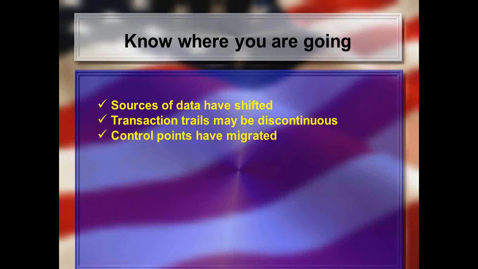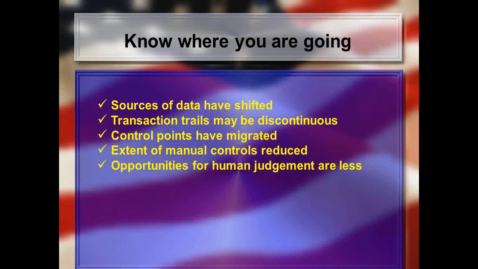The control points may well have migrated from the user's control directly inside the box, and overall the extent of manual controls has reduced. This means that unlike previous generations of operational systems, the opportunities for human judgment are less.